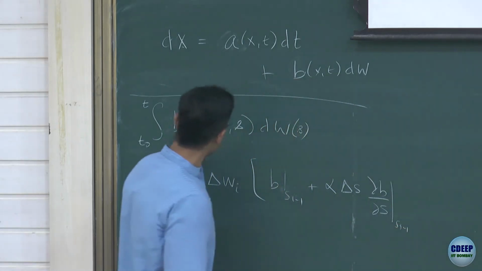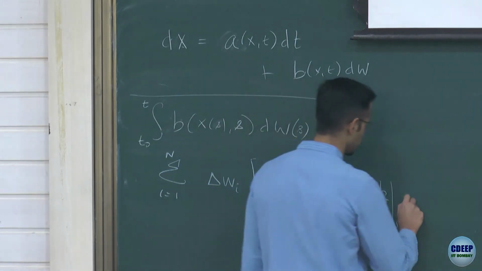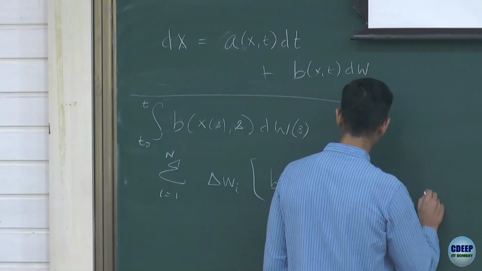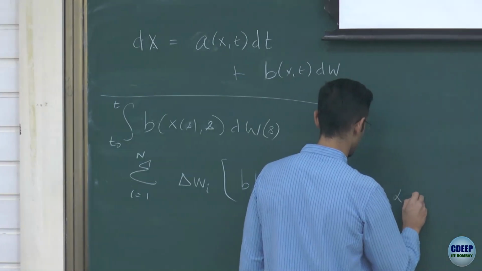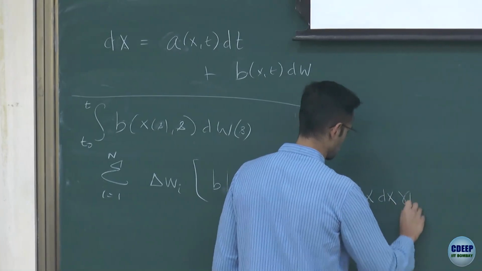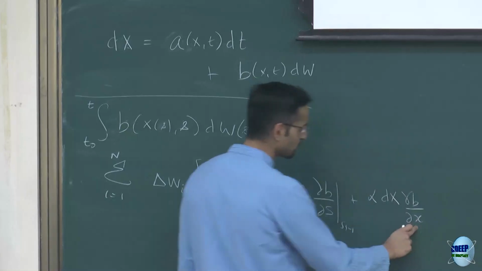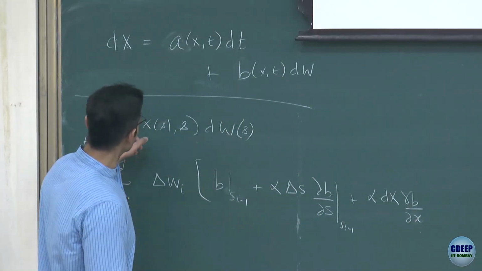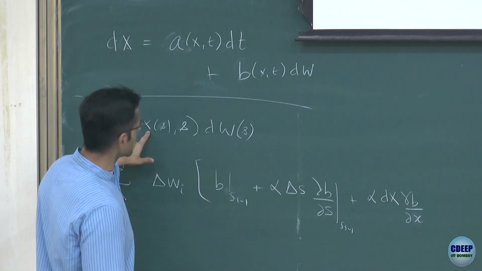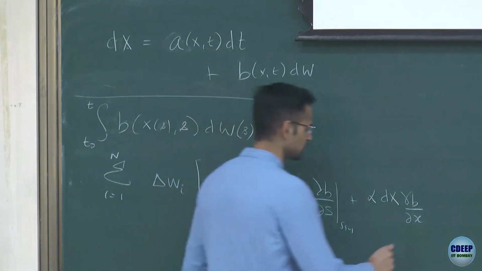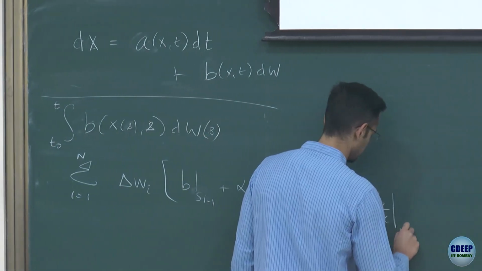And then B also has a dependency on x. So I would get the partial derivative of B with respect to x, where I use a small x because B is a function of small x, but evaluated along the trajectory capital X, again at i minus 1.